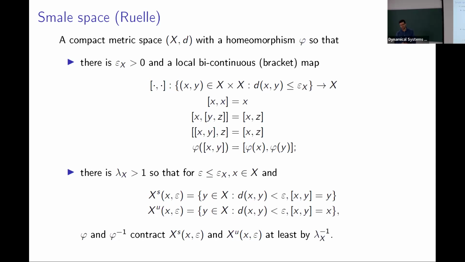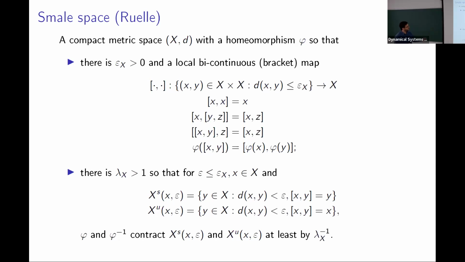And if you apply the dynamics, one of the two sets will get contracted and the other will get expanded. The first bullet point really tells you the existence of such a local product structure around every point. And here you have it in an axiomatic way. So you try to find a common ground for the horseshoe and the hyperbolic toral automorphism, all right? A zero-dimensional object and this nice smooth object, and try to put it in the topological setting.